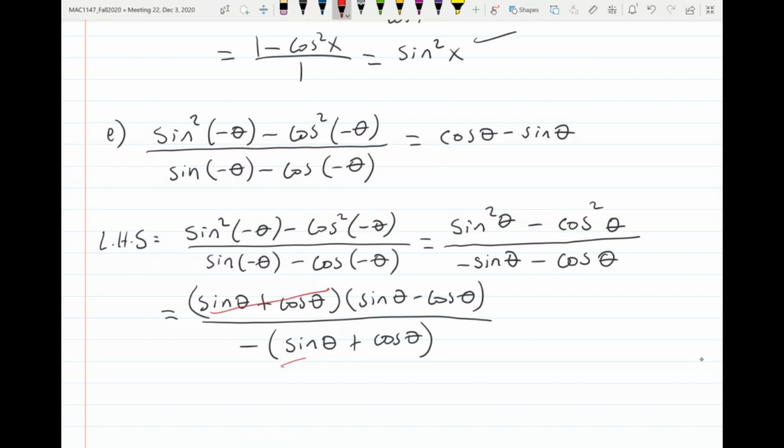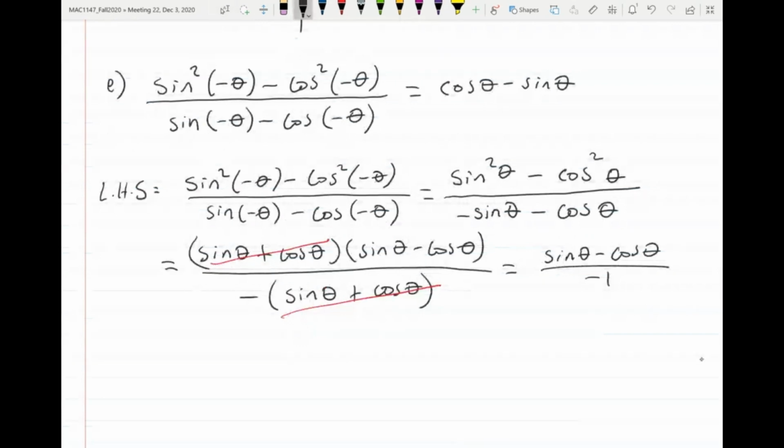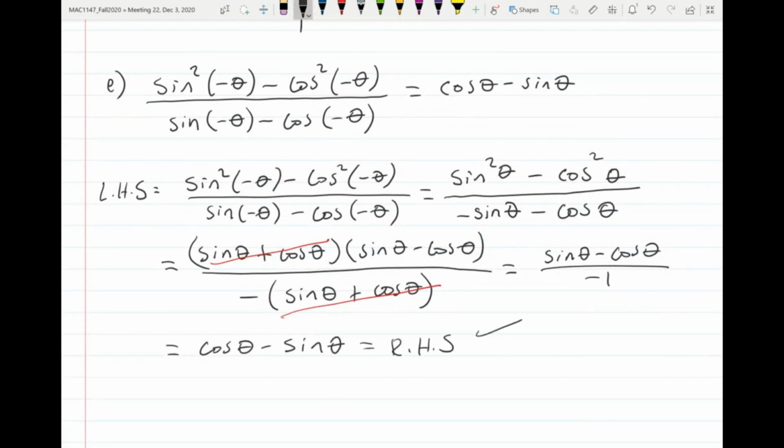This parenthesis cancels with this one. And so we are left with sine minus cosine divided by -1. But if we distribute that -1 over, then that flips the top, right? So then this becomes cosine minus sine, which was our right-hand side. So we're good.